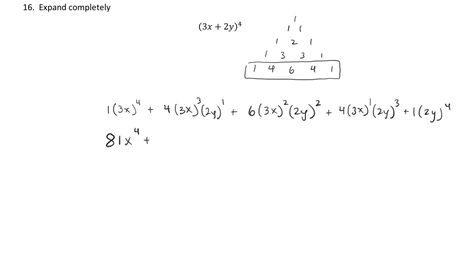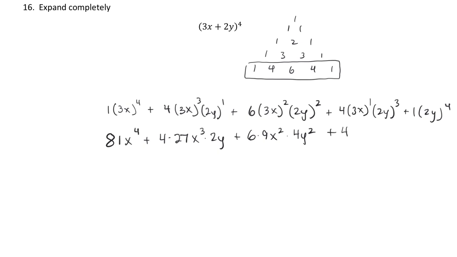So we have 4 times 27x cubed times 2y. And then 3x to the second power is 9x squared, so that's 6 times 9x squared times 2y to the second power is 4y squared.